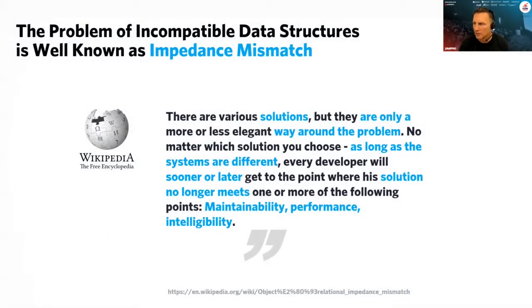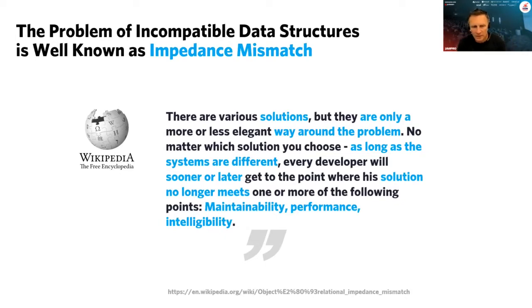And Wikipedia says, as long as the core problem exists, which means that the systems are completely different, sooner or later all developers will get the same problems with performance, or your systems get more and more complex.